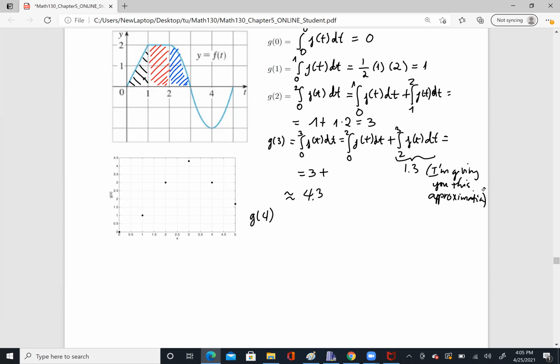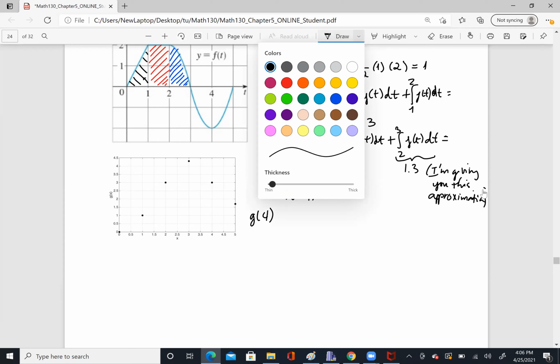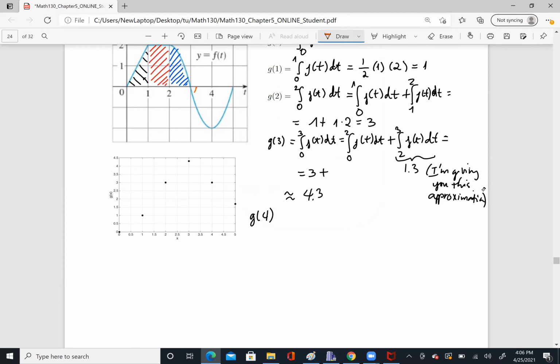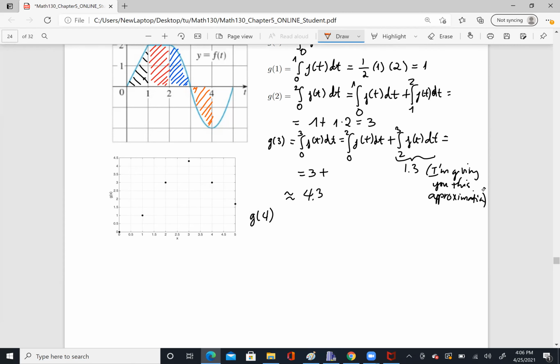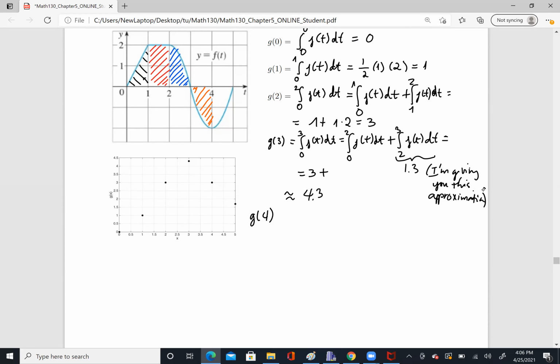Okay, G of 4, let's use a color. G of 4 will be from 3 to 4. So G of 4 will be the area from 0 to 3, and then adding with the area from 3 to 4.